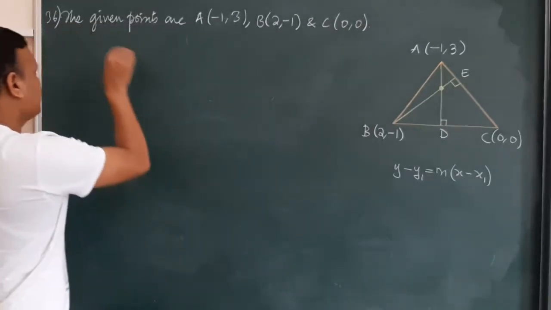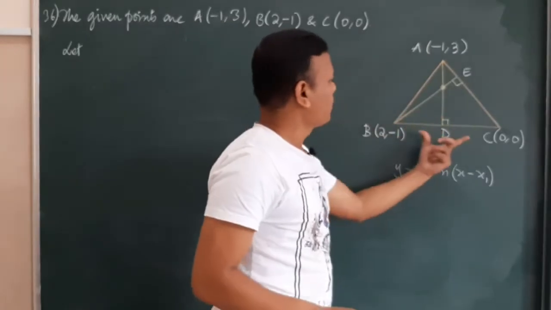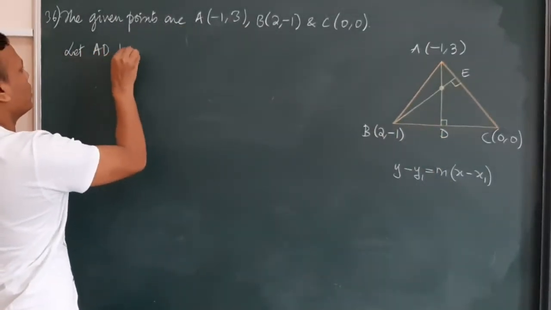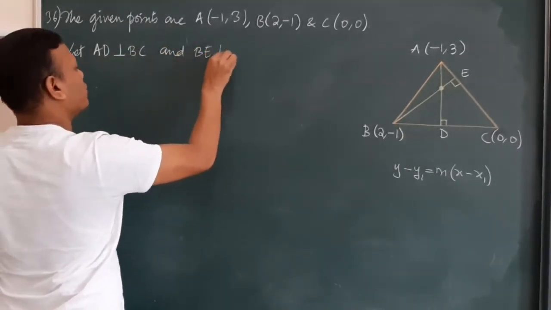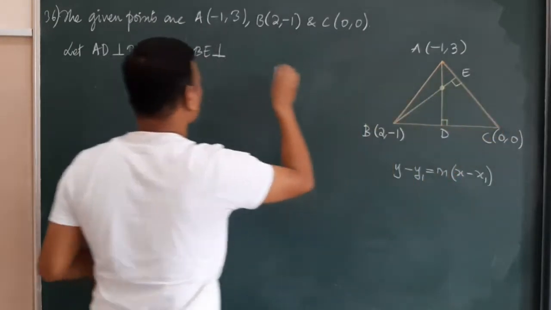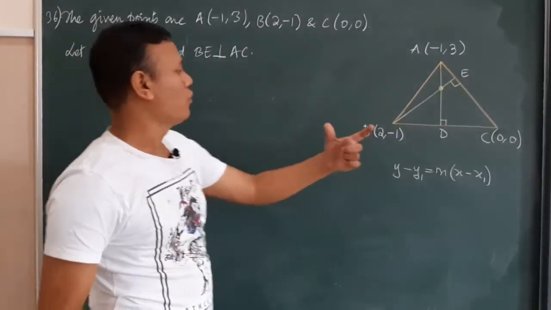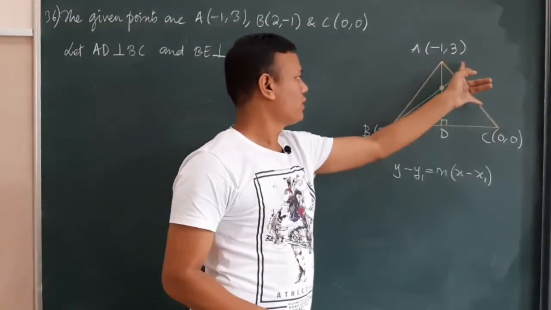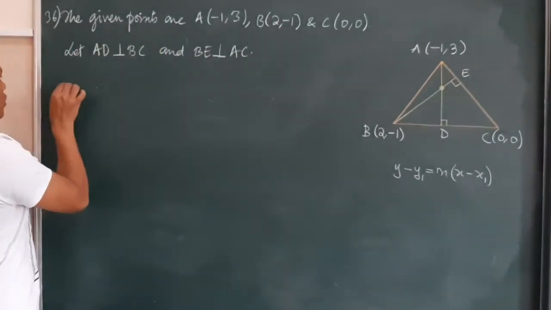As I said, let AD be perpendicular to BC and BE be perpendicular to AC. Let us find the slope of BC and the slope of AC as well.